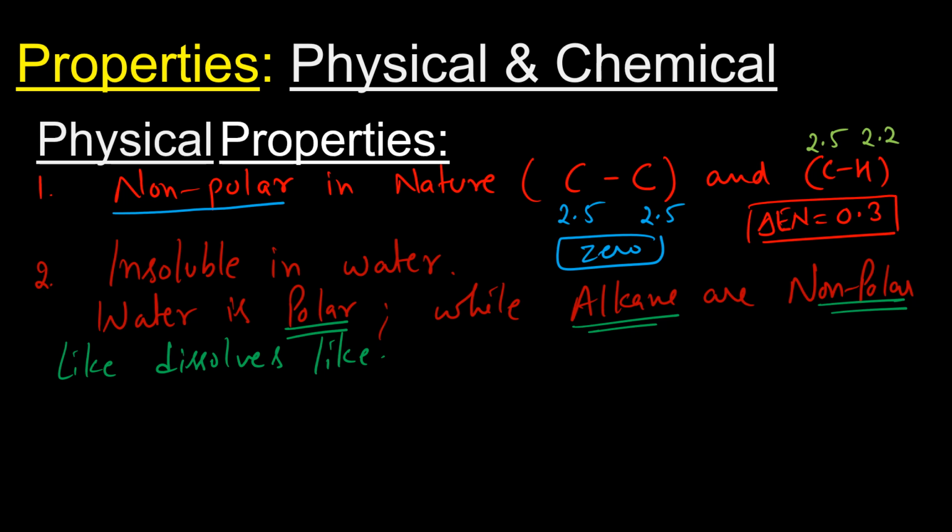Now let's do the discussion of the third physical property. What is it? That is the boiling point. We know the boiling point depends upon 3 factors. First, the molecular weight, or you can say the molecular mass of the molecule.